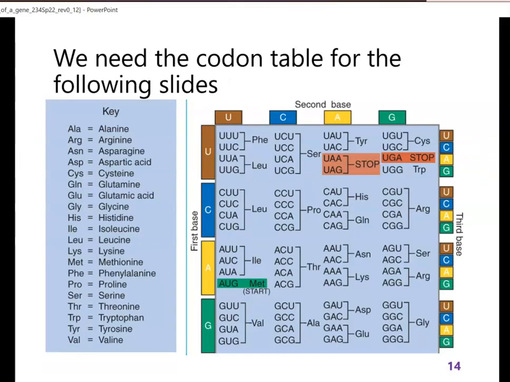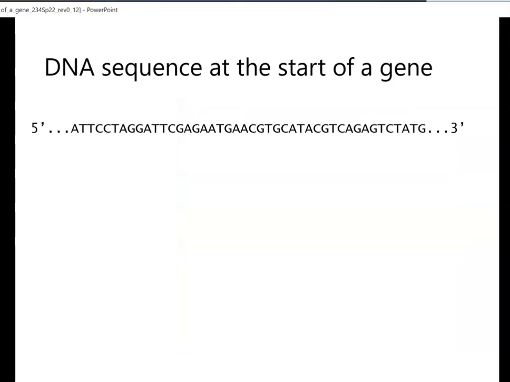Okay, let's keep going. We're going to use the codon table. I used the codon table to set up these slides, and you can verify everything using this table. So let's look at it. Here we are, the DNA sequence at the start of a gene. We're no longer upstream of the gene, now we're at the start of the gene, and we're going to see what signals are at the start of the gene.